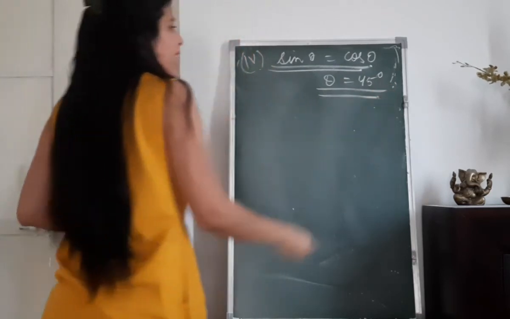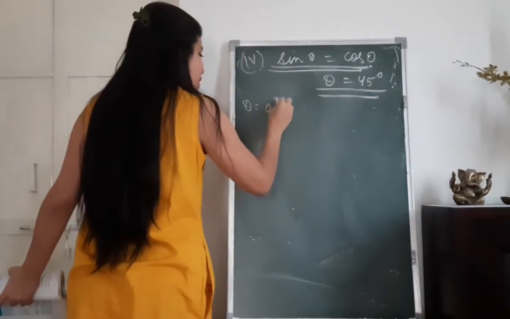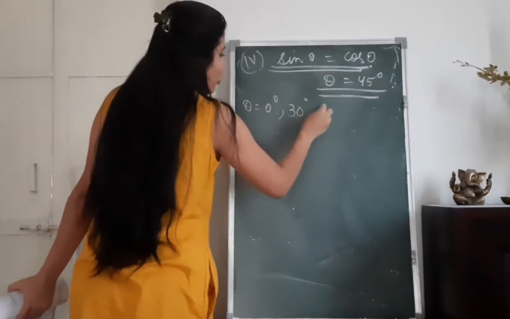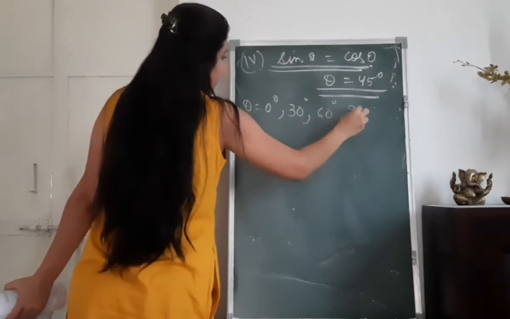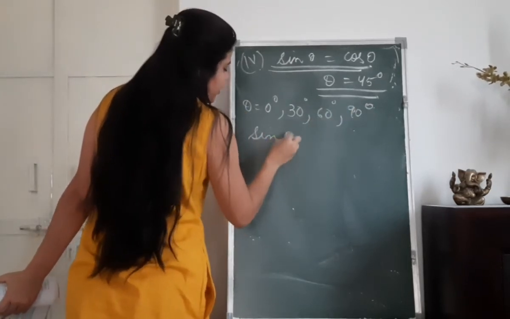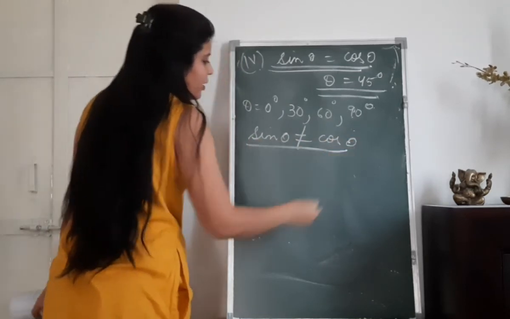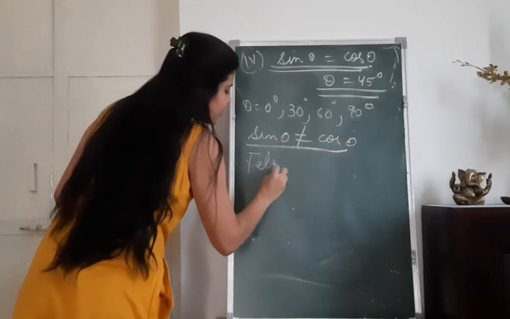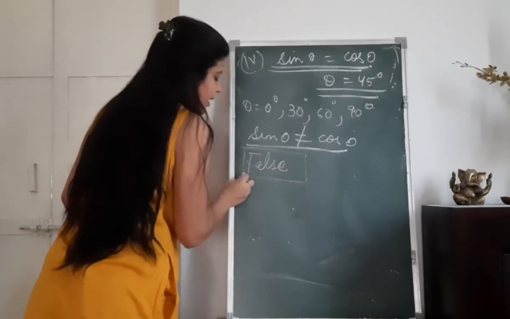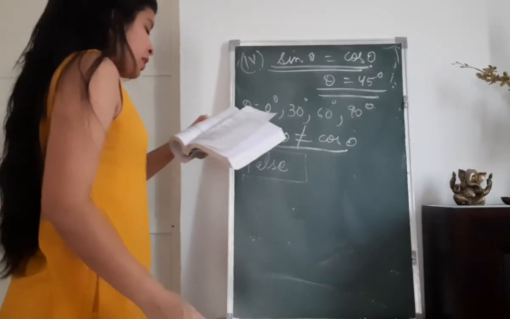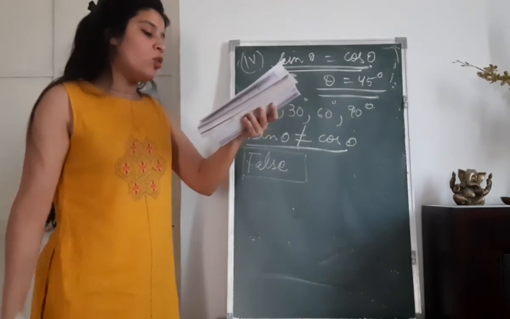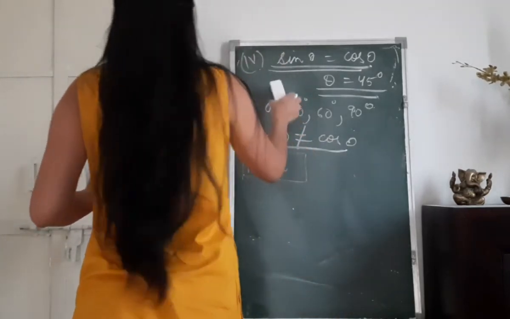For all other values, that is when theta is equal to 0 degree, 30 degree, 60 degree or 90 degree, sin theta is not equal to cos theta. Therefore, this statement is false and your answer is going to be false in this case. Let's move on to the fifth part of this question.